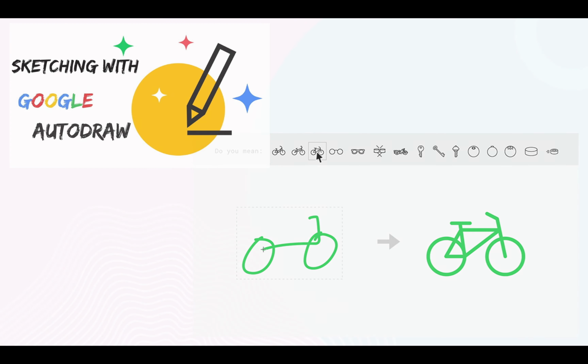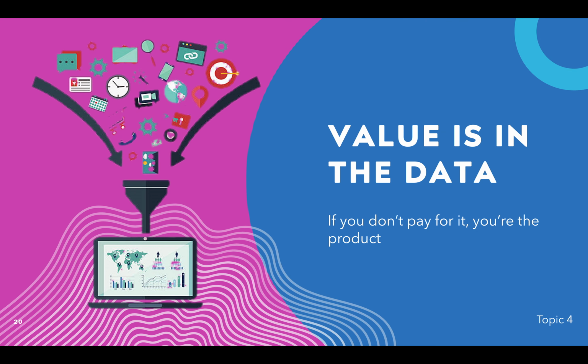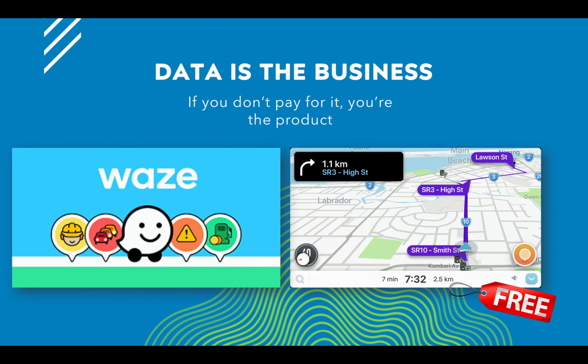The next thing I want to talk about is the value is in the data. This is really something that we as consumers are becoming more aware of. What's happening to our data, what companies are doing with our data. Really fascinating stuff. So data is a business. If you don't pay for it, you're the product. So think about how much technology we use for free.